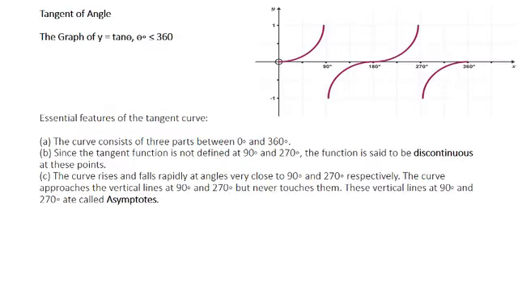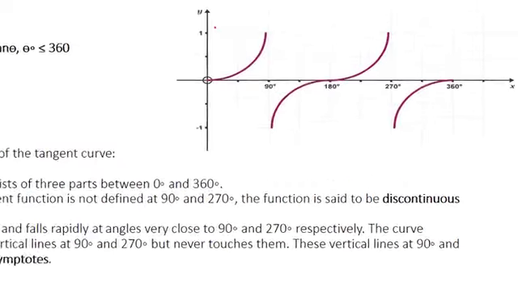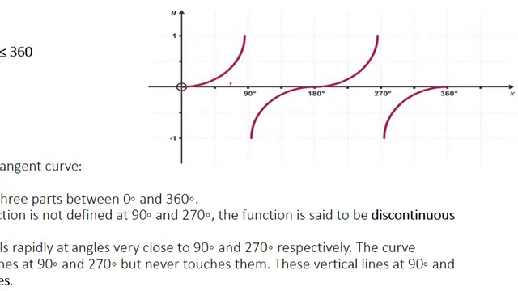So when we talk about the tangent, the tangent has a graph that is not uniform, a graph that projects to a certain point and terminates at a certain point. And one thing about the tangent graph is that tangent does not exist at every point.